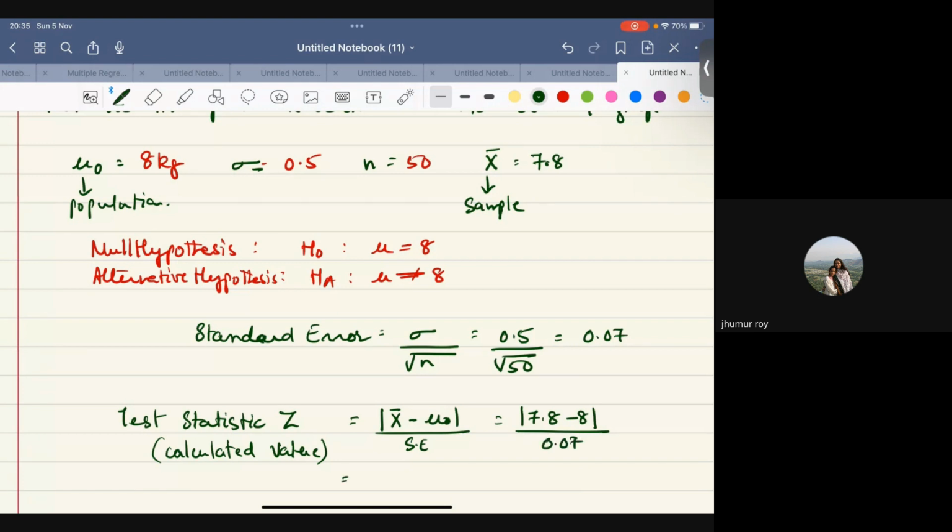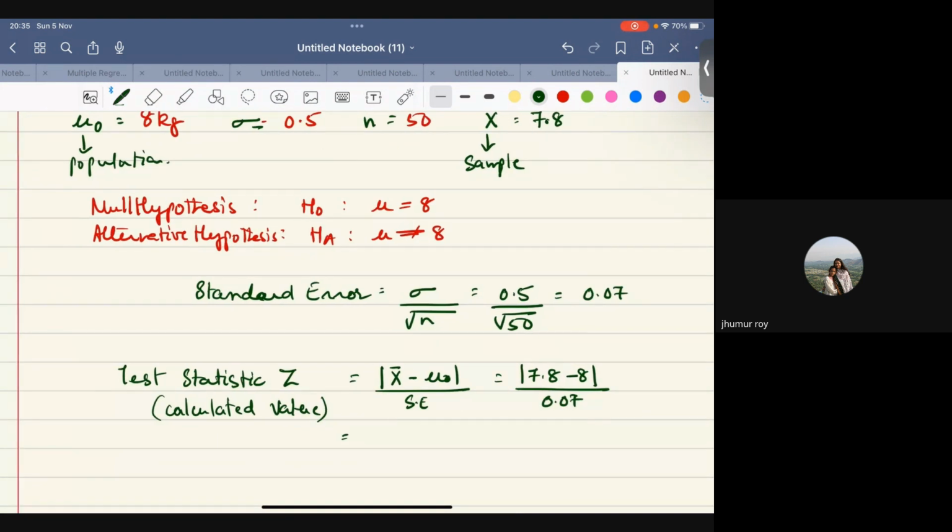Please find this value and tell me. Yes, anybody? 2.85. Correct.